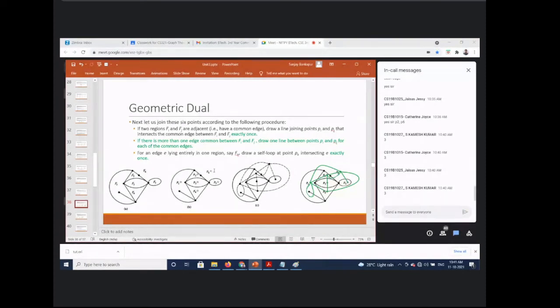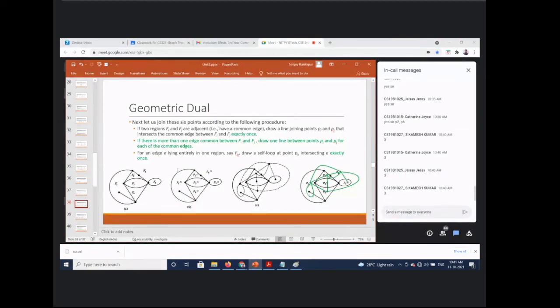So let's go to P6 now. P6 is an exterior region, but there are edges interior to that. The outer part is region 6. Now how many edges are there? If we closely look, this is one edge, second edge, third, fourth, fifth. There are 5 common edges for P6.